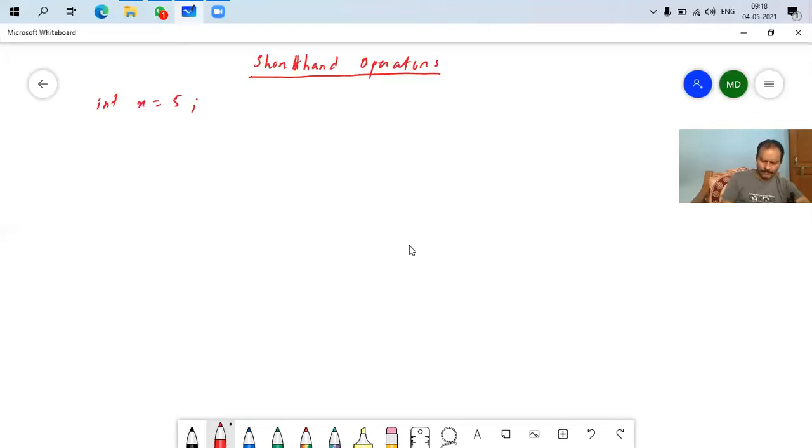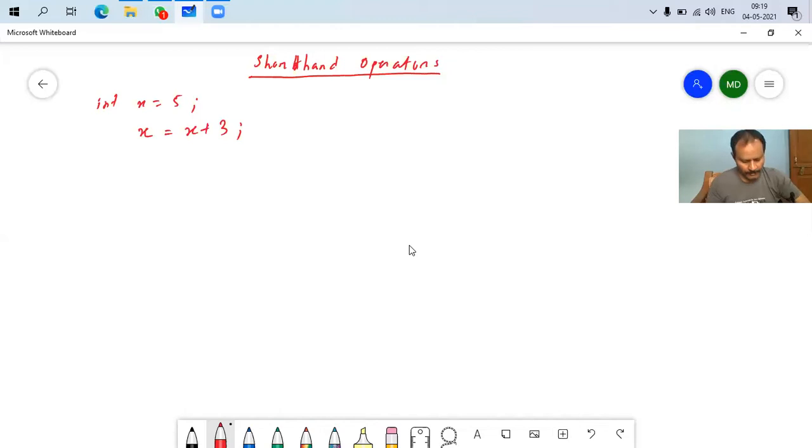X equals to 5. Now we want X equals to X plus 3.